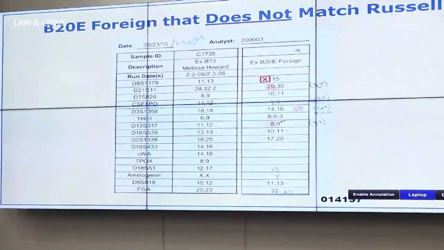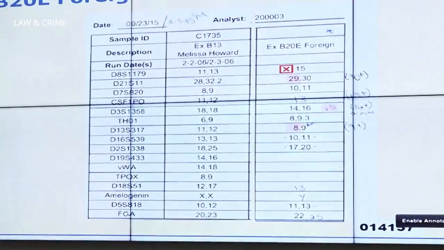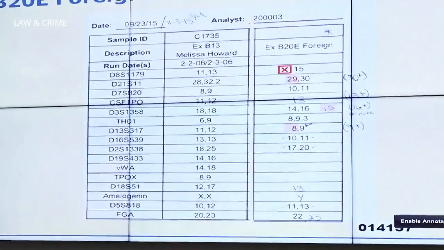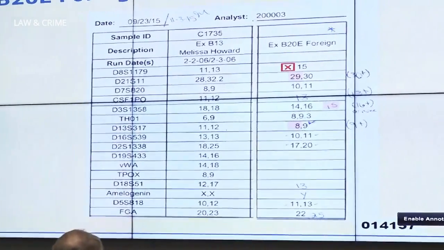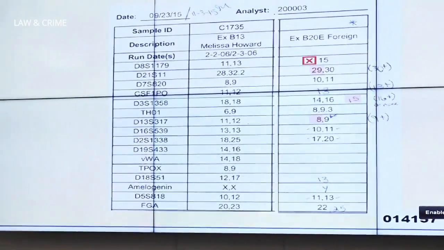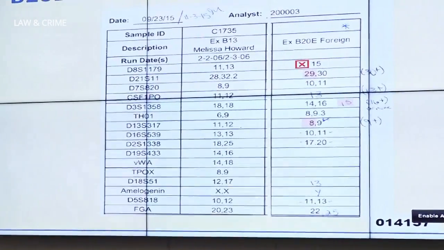You see that red X that I have at D8S? Yes. You don't have a 10 there, do you? No. Okay. See that 29 that's highlighted in red? Yes. Russell doesn't have a 29, does he? No, he does not.